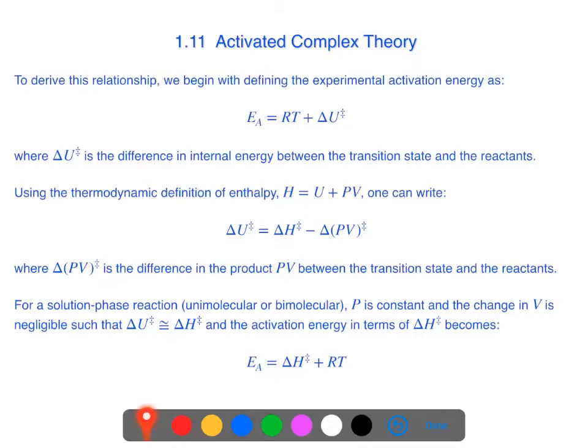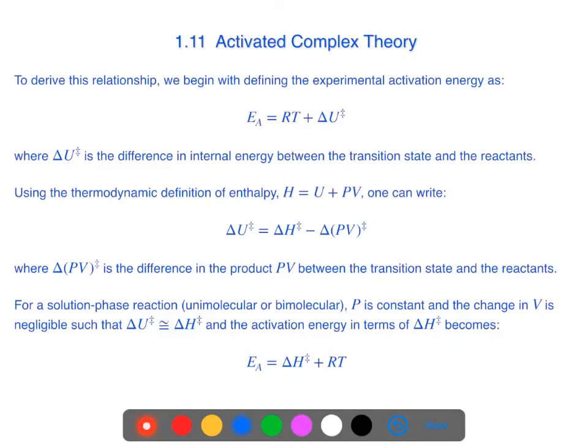For a solution phase reaction, unimolecular or bimolecular, the pressure is constant and the change in volume is negligible, such that we can roughly equate the change in internal energy to that of a change in enthalpy. And so the activation energy in terms of enthalpy becomes the following, where EA is equal to a change in the enthalpy between the transition state and the reactants plus RT.